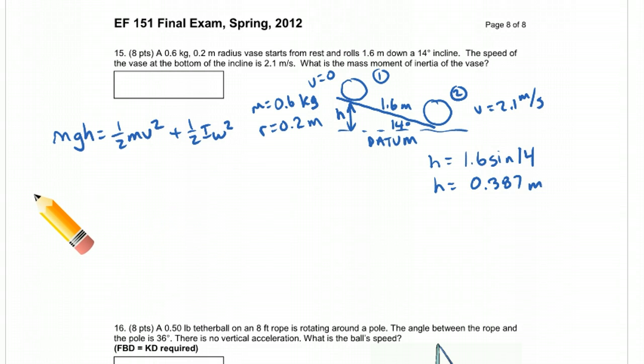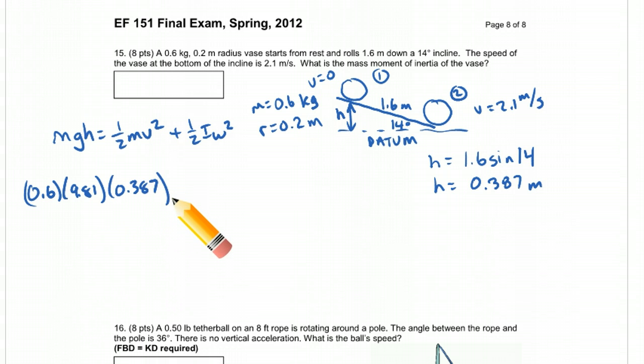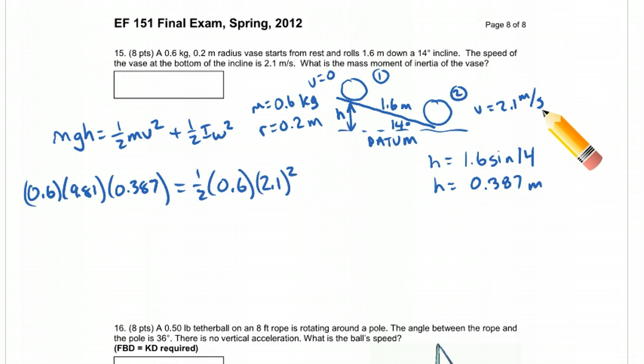So let's plug in some other values here. mgh: 0.6, 9.81, 0.387 is equal to 1/2 times 0.6 times 2.1 squared. Everything's in meters, seconds, and kilograms, so our units will work out here.